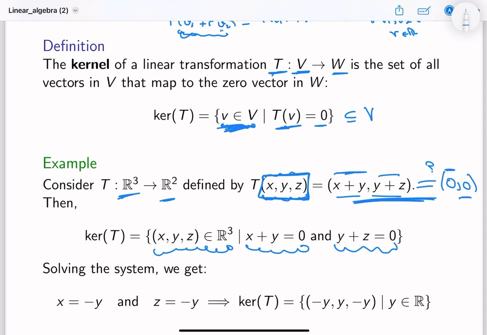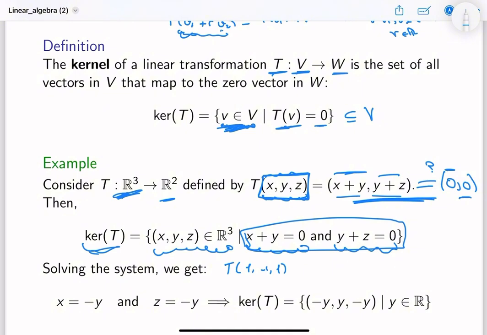So the kernel in this case, it's clear from the definition, is the set of all vectors that satisfy this property. Let's take an example of a vector that is in the kernel. For example, you can take the vector 1, -1, 1. This is a vector in R3, so it's in the domain, but I'm claiming that it's in the kernel. Why?